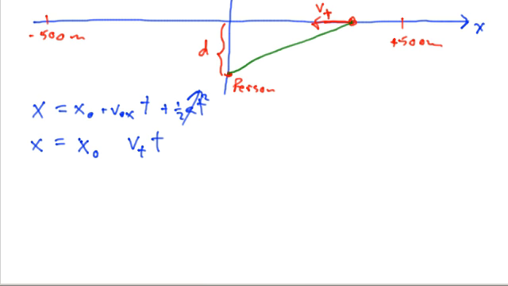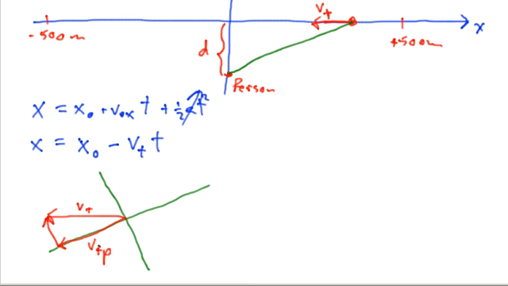I'll make it green here too. In some sense, that's my set of coordinate directions, one that way, and the velocity of the train, which I had in red up here, v t. This is v t p, the velocity toward the person, and v t p is equal to v t times the cosine of theta.